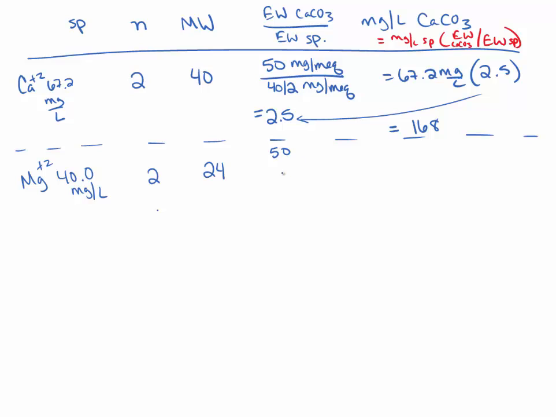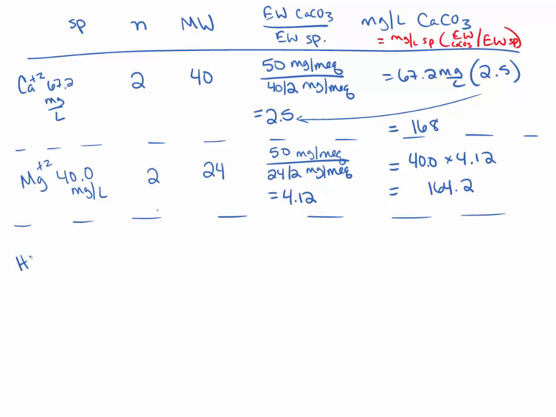The equivalent weight is 50 milligrams per milliequivalent for calcium carbonate divided by 24 divided by 2, the equivalent weight of magnesium. 50 divided by 12 equals 4.12. So to finish the conversion, it's 40 times 4.12, and that equals 164.2.